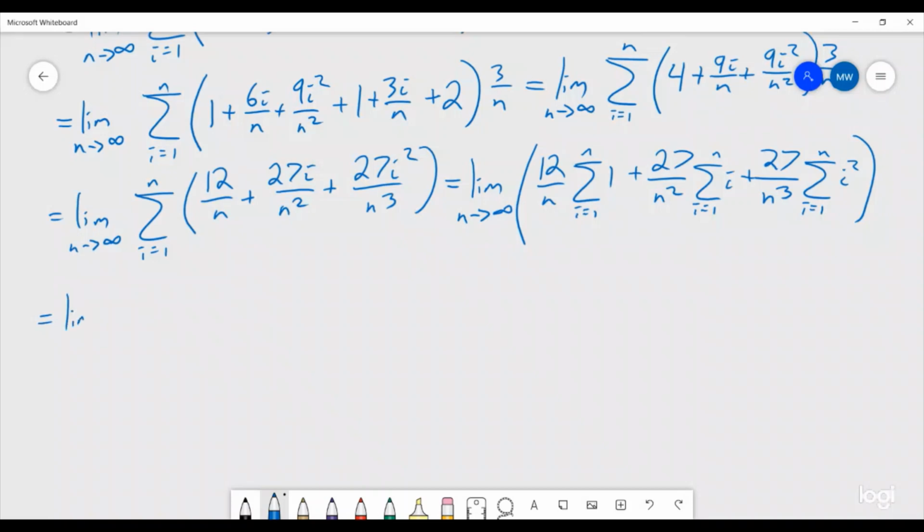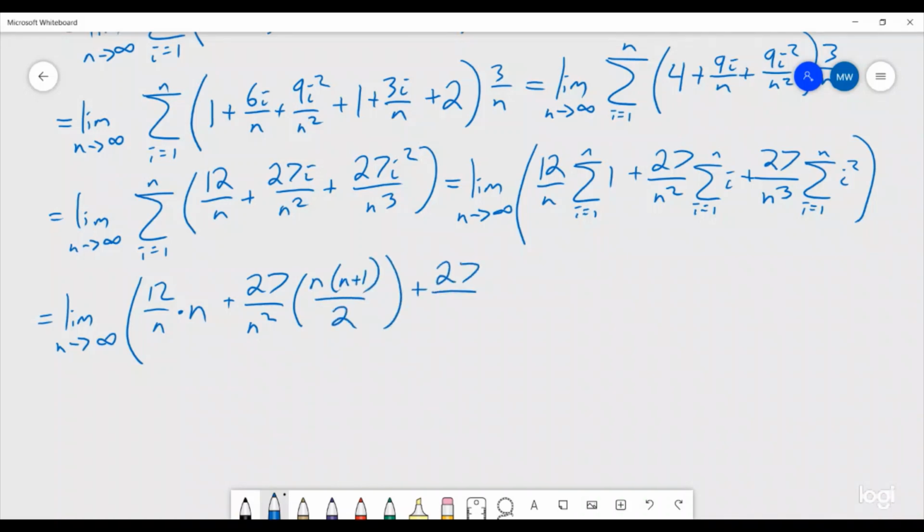So that becomes the limit as n goes to infinity of 12 over n times n, plus 27 over n squared times n times n plus 1 over 2, plus a 27 over n cubed times n times n plus 1 times 2n plus 1 over 6. So we got all of that.